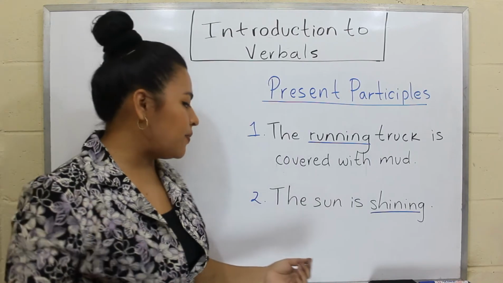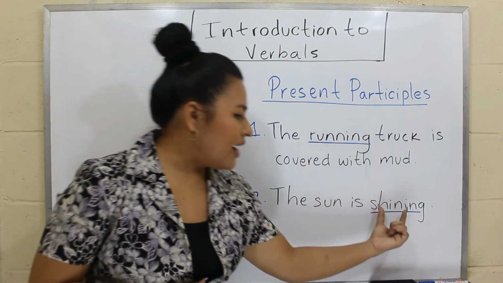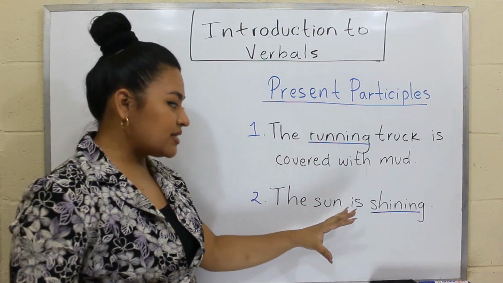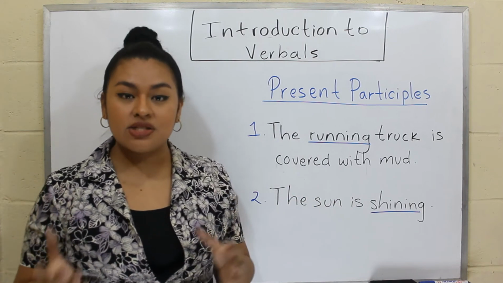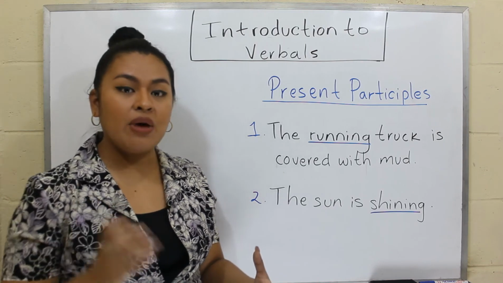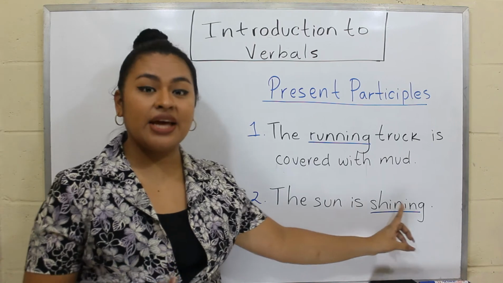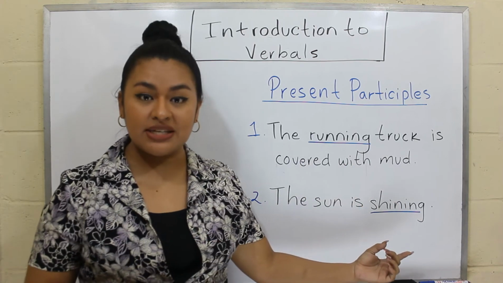Then in the next example, the sun is shining. In this example, we have shining as the present participle, but in this case, it is not an adjective anymore. It is a part of a progressive form. Remember that we need the verb be with a verb ending in ing. So in this case, it is part of a progressive form.